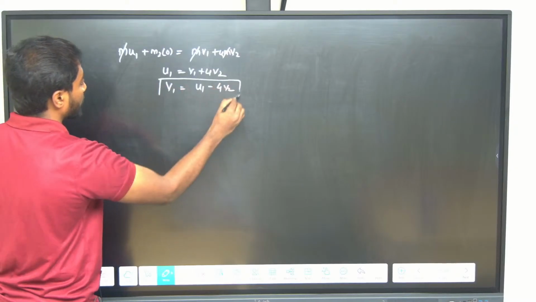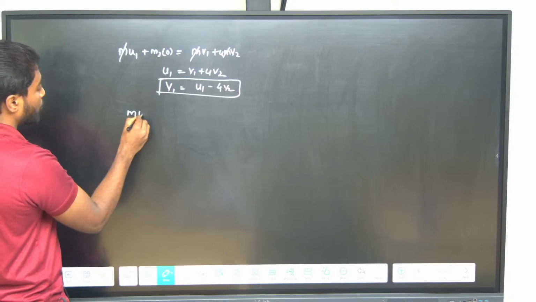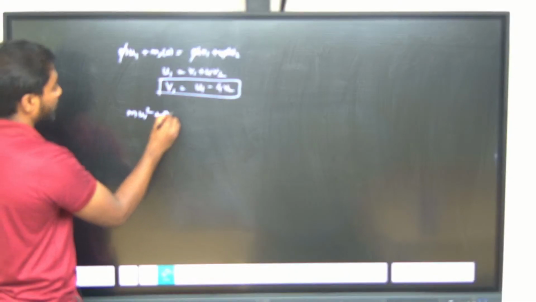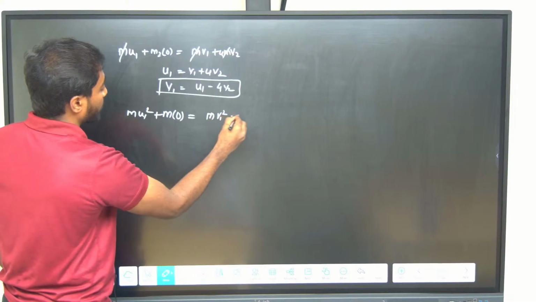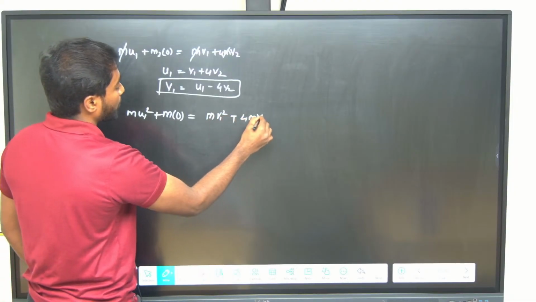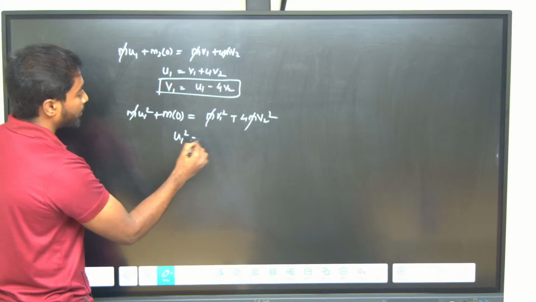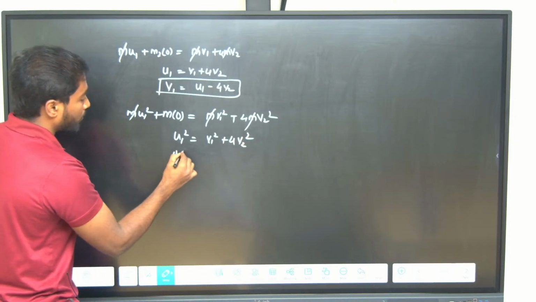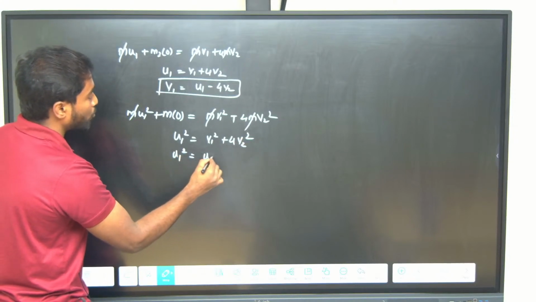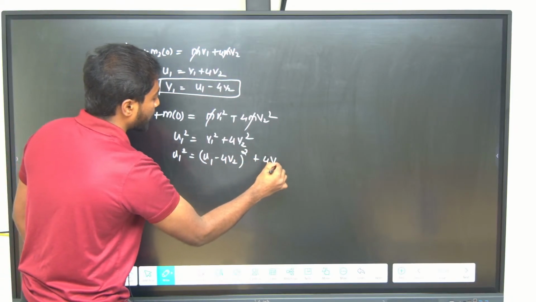I will keep this one. Then m u1 square plus m into 0 will be equal to m into v1 square plus 4m into v2 square. m will get cancelled off. u1 square will be equal to v1 square plus 4v2 square, and u1 square will be equal to u1 minus 4v2 the whole square plus 4v2 square.